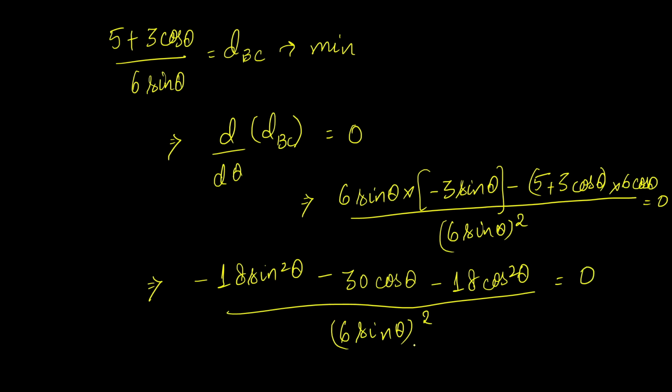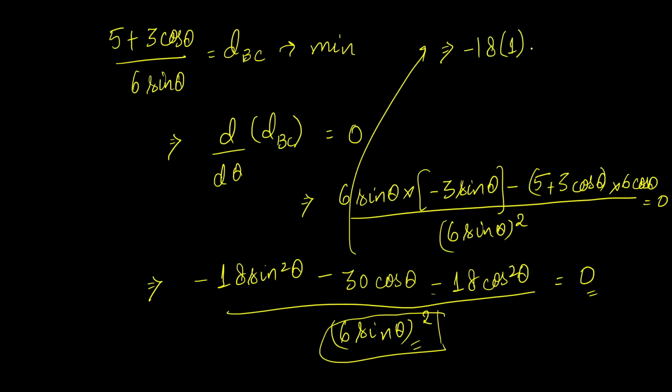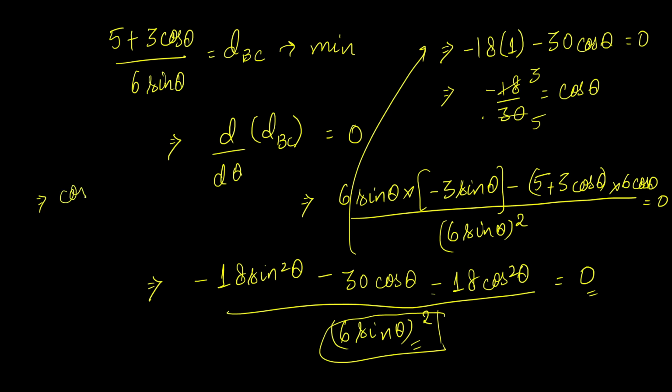Now this 6 sine theta will never be going to infinity, so this denominator can be neglected. So now I'm writing over here, minus 18 times (sine square theta plus cos square theta), which is minus 18 multiplied by 1, minus 30 cos theta, that is equal to 0. So minus 18 upon 30 is equal to cos theta. This is actually 6 times 3 is 18, 6 times 5 is 30. So cos theta is equal to minus 3 upon 5.